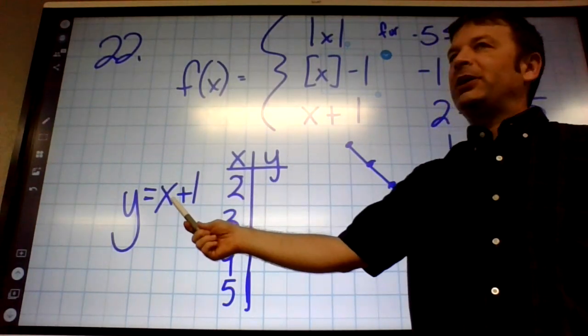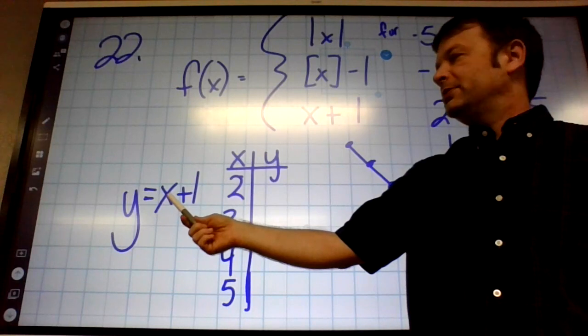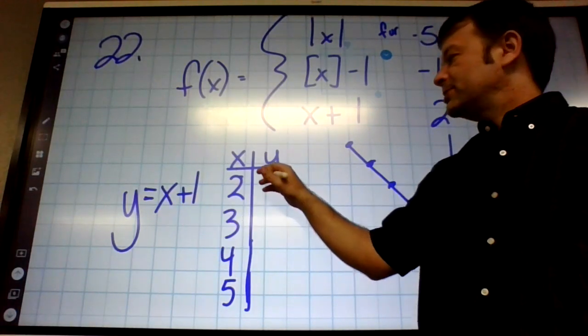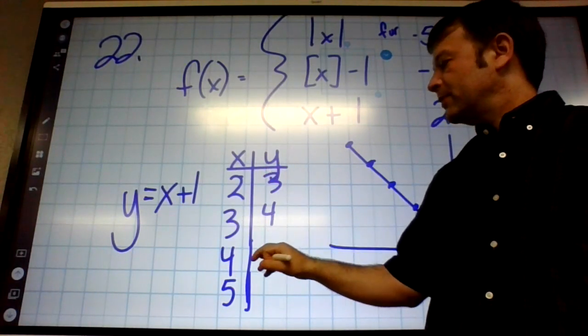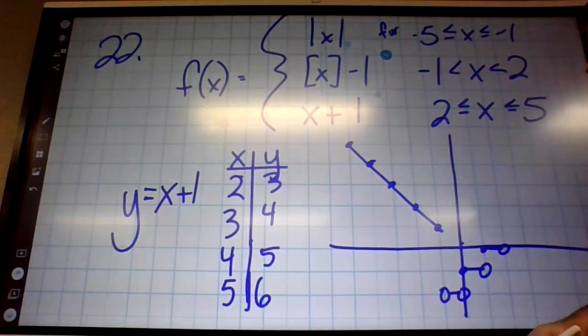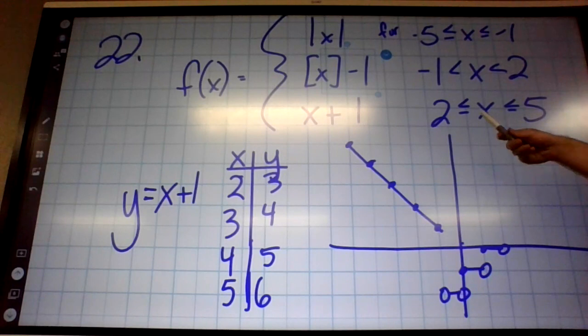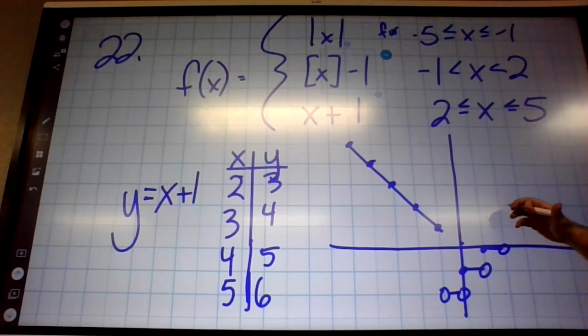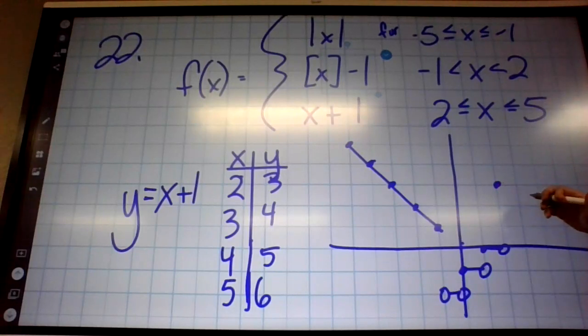These are easy because what happens when I plug 2 in? It just adds 1. So it's just gonna be 3, 4, 5, 6. Should my circles be open or closed here? Closed. So 2, 3; 3, 4; 4, 5; 5, 6.